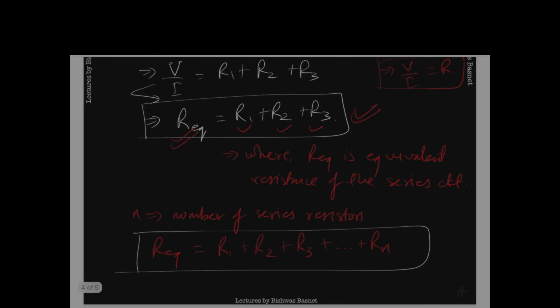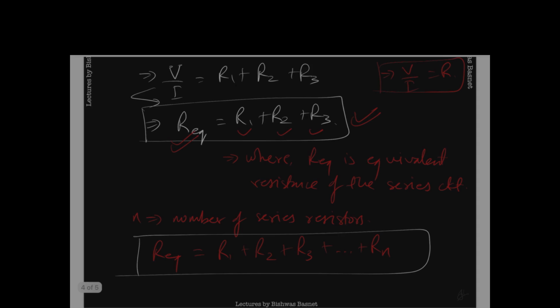Now the fun thing is, for any number of resistors, for n number of resistors, it's still true, right? So on up to Rn. Doesn't matter. If there are 10 resistors, you will add all of them, right? And you will get the equivalent series resistance. So the term is equivalent series resistance. This is really important, right?